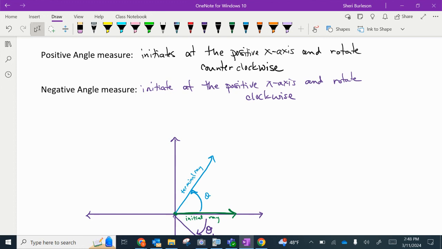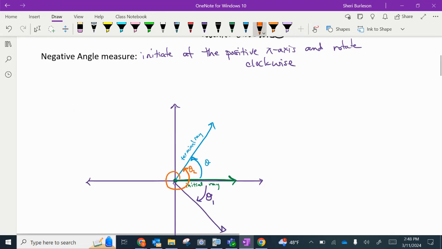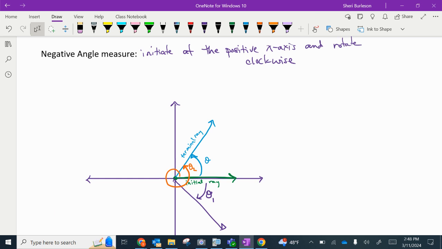Now, let's call this orange one theta. What am I up to? 2. I have theta 1, and theta 2. What do we notice about theta and theta 2?